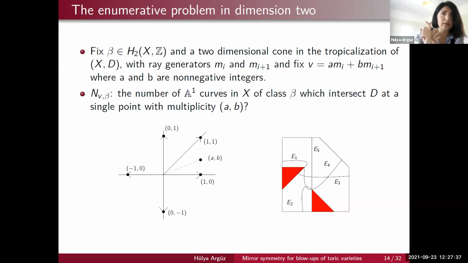Like you can imagine, you can have a P1, another P1 touching at 2 points, and you will not be able to distinguish, if you just fix beta, if your curve touches at one of them or the other. But by fixing the maximal cone, you specify some additional data by fixing this v.